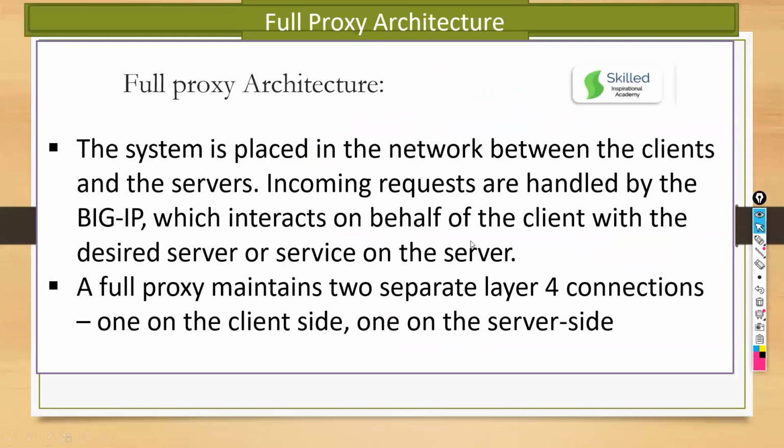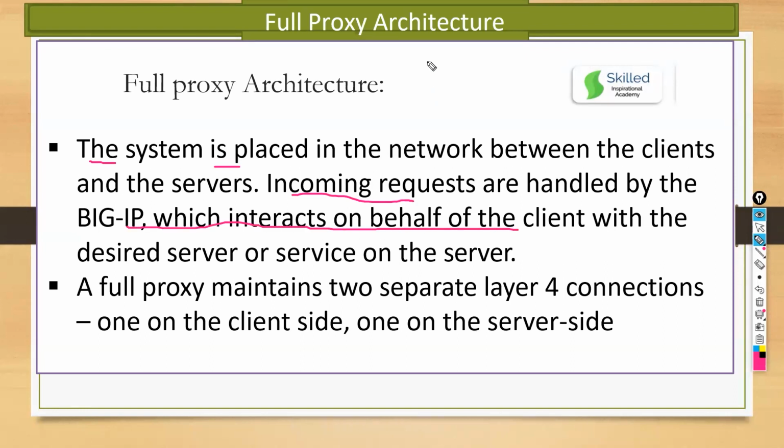Okay, guys. So now I will show you the full proxy architecture, which will help you understand the full flow. If you read this, your F5 is placed in the network between clients and servers. Incoming requests will be handled by F5, which interacts on behalf of the client.